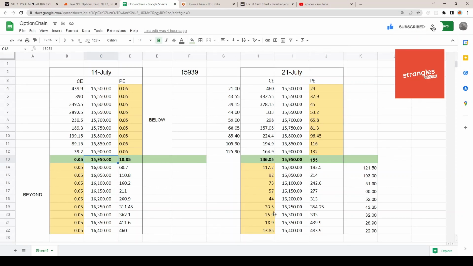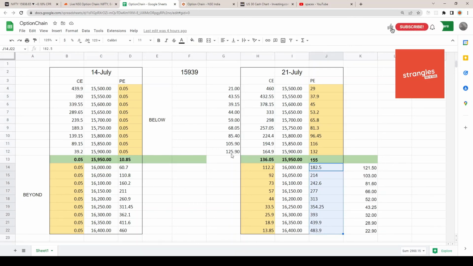Every strike that you see, both on the call and put side, will have both time value and intrinsic value. All these OTM options, both call and put OTM options, will only have time value. The in the money option contracts will have both time value and intrinsic value.